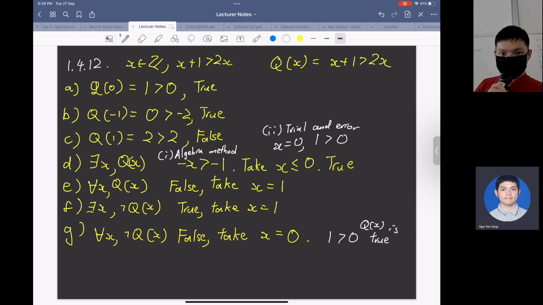Let me think. Everyone okay? Okay with the example? This row okay? This row okay?